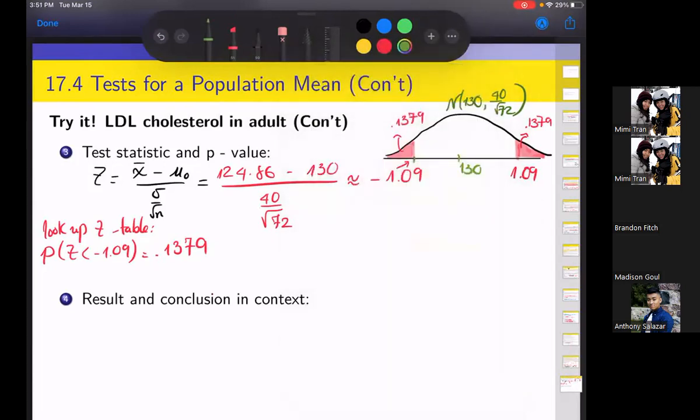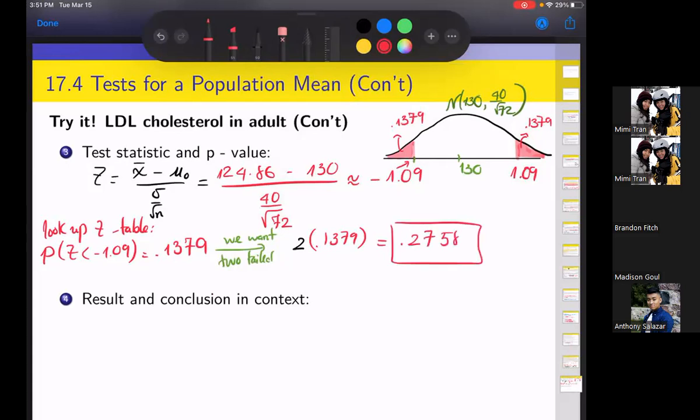So it's going to be 2 times 0.1379. That's 0.2758.